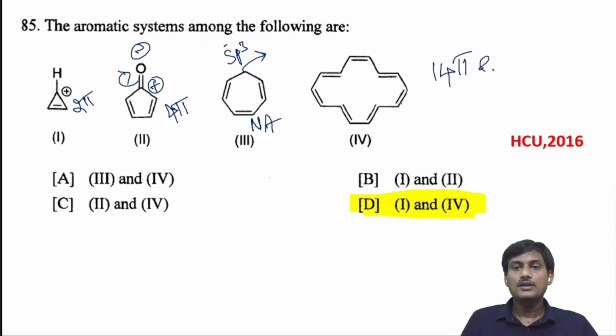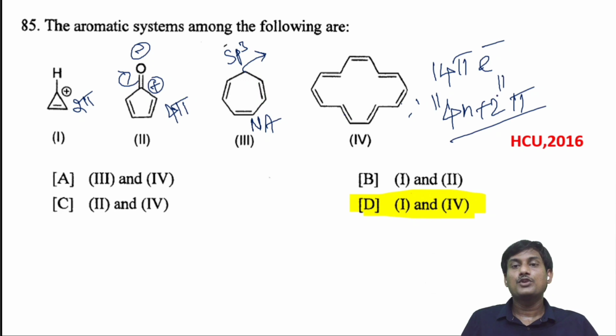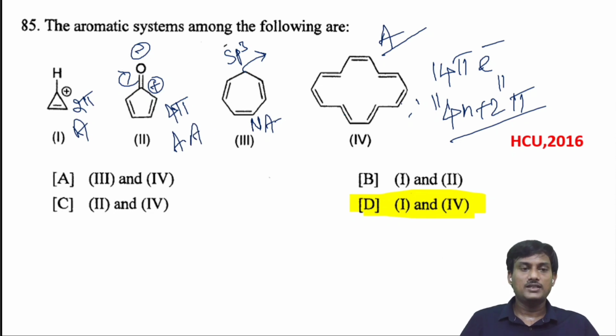It's a 14 pi system, a planar 4n plus 2 pi system. It's aromatic. This one is aromatic too. This one is a planar 4 pi system, so it's anti-aromatic. This one is not planar, so it's non-aromatic. So D is the correct option.